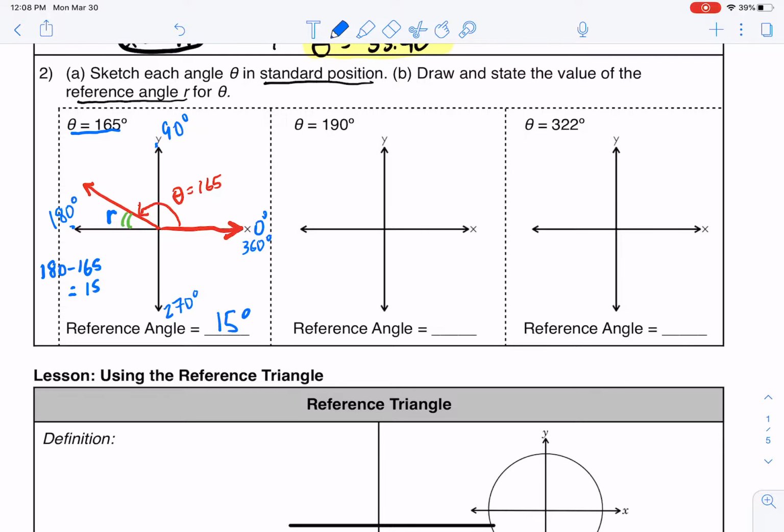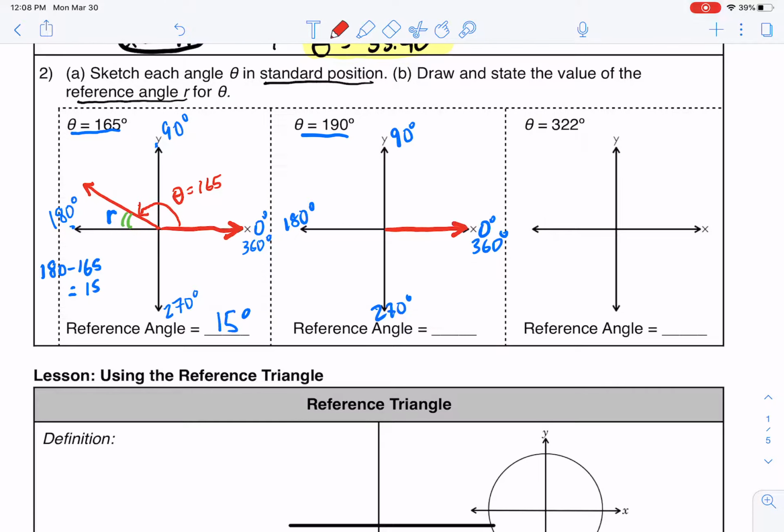Okay, for the second problem, sketch theta equaling 190. All right, so if we need to, we can draw in our quadrantal angles or our sort of guide angles. Okay, so my initial side, of course, is the positive x-axis.